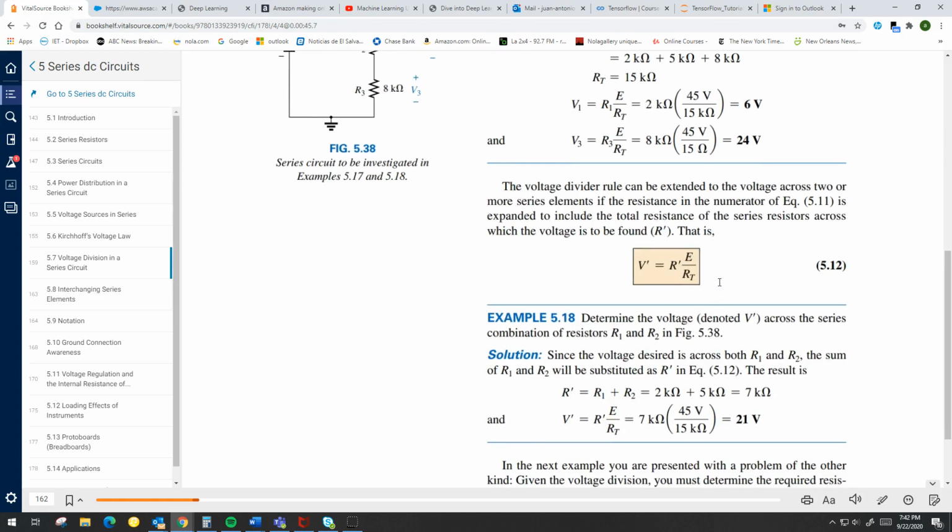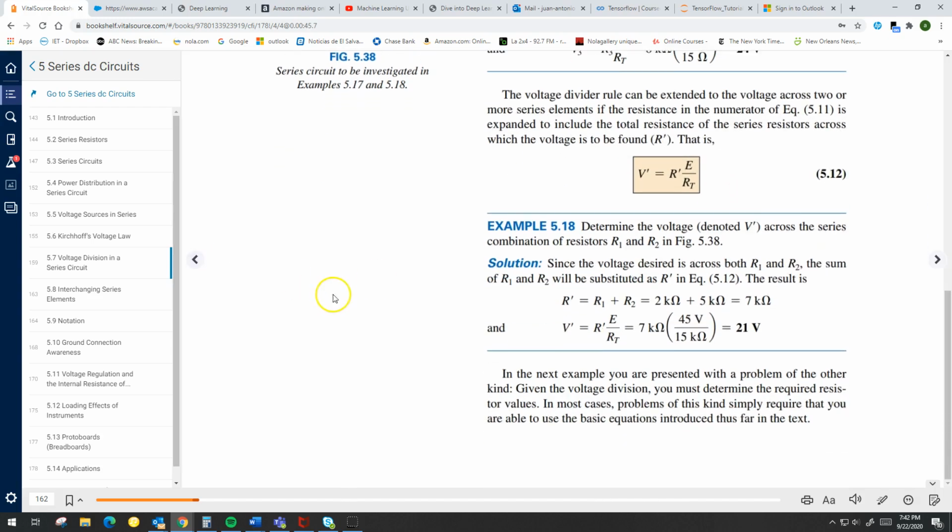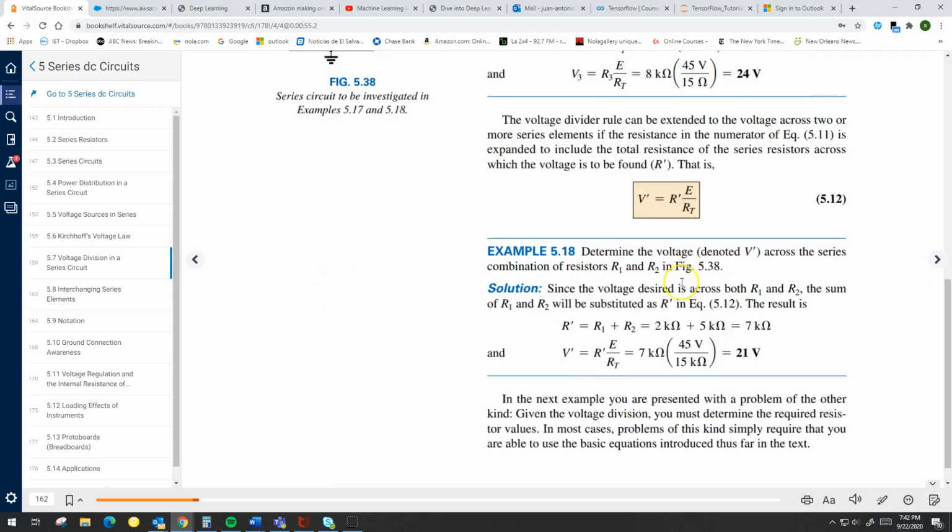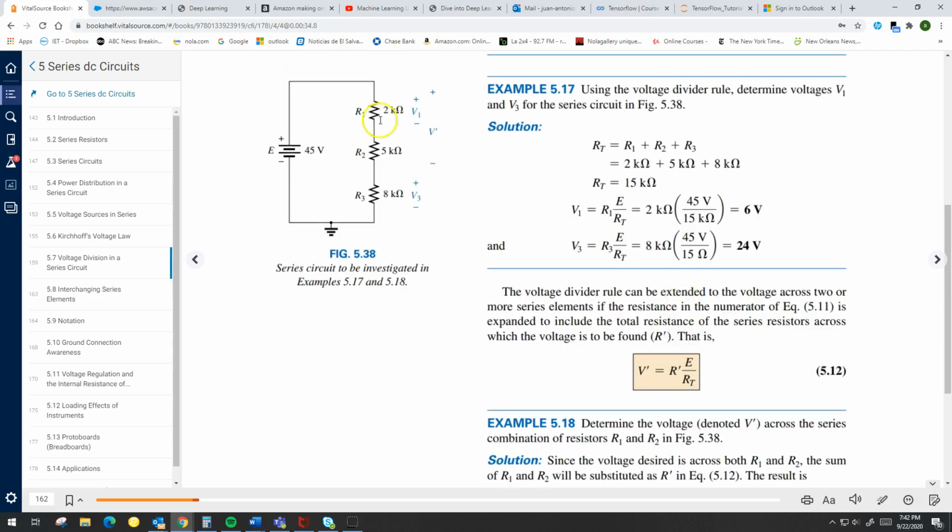So that's how you know that you can extend the voltage division rule to any number of resistors, not just to 2. Okay. Let's look at another example. It says find the voltage V prime, and hopefully you did the previous exercise I recommended to find V2, so you get a little more practice.